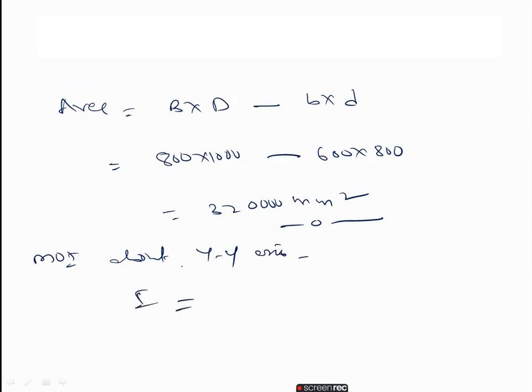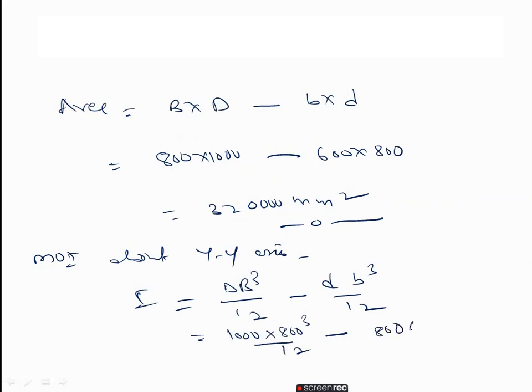I equal to D B cube by 12 minus d b cube by 12, because it is acting about the y-axis. So 1000 into 800 cubed by 12 minus 800 into 600 cubed by 12. If you calculate this, you will get the value 28.26 into 10 power 9 mm power 4. This is the moment of inertia calculation.